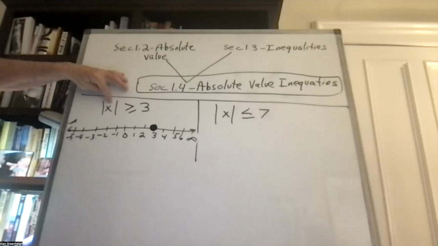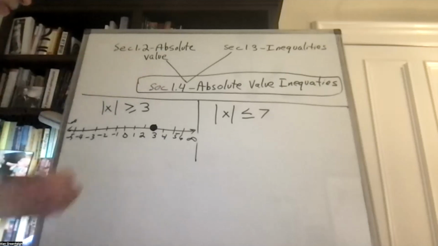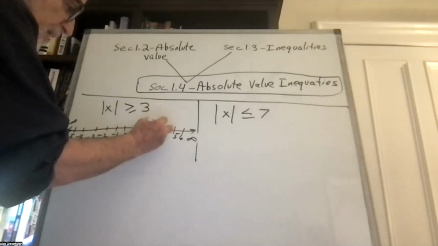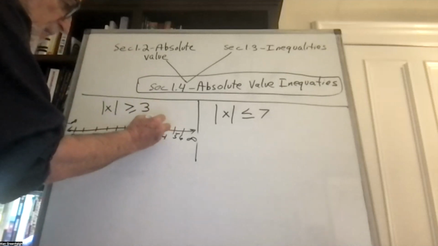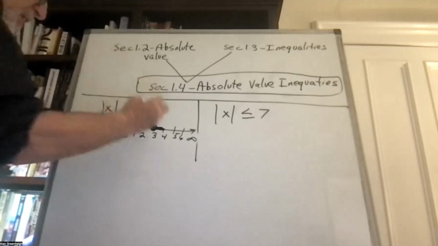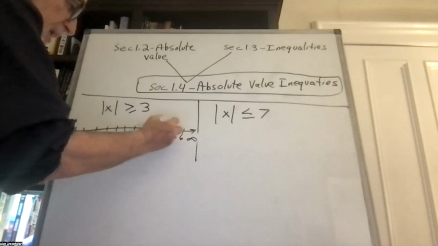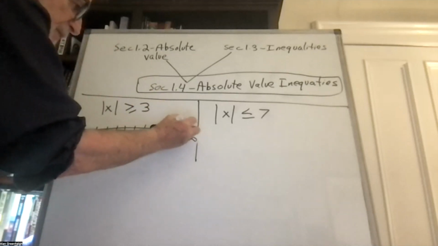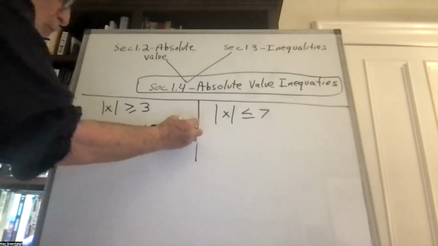The absolute value of +4 is 4. Is 4 greater than 3? Yes, that is. So it looks like everything greater than 3 because 5 is included. 5 is greater than 3. 6 is greater than 3. It's going to be everything going in this direction, all the way out there.